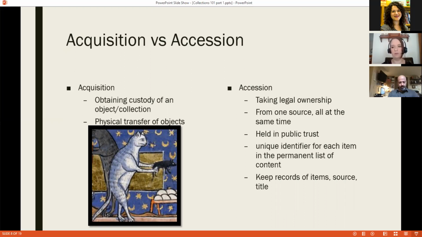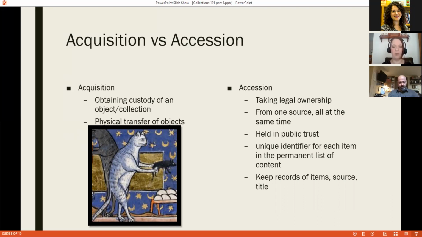You're now legally responsible for this item. It is now in your custody and it is under your protection. We use the term "held in public trust" a lot because, while you do own the item technically, it is not yours personally. You're keeping it for everyone else.